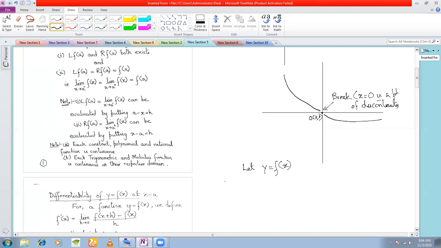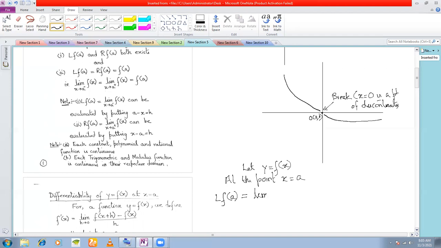If you want to check the continuity at the point x = a, whether the graph is continuous at x = a, what you are going to do is find out the left-hand limit of f(a).